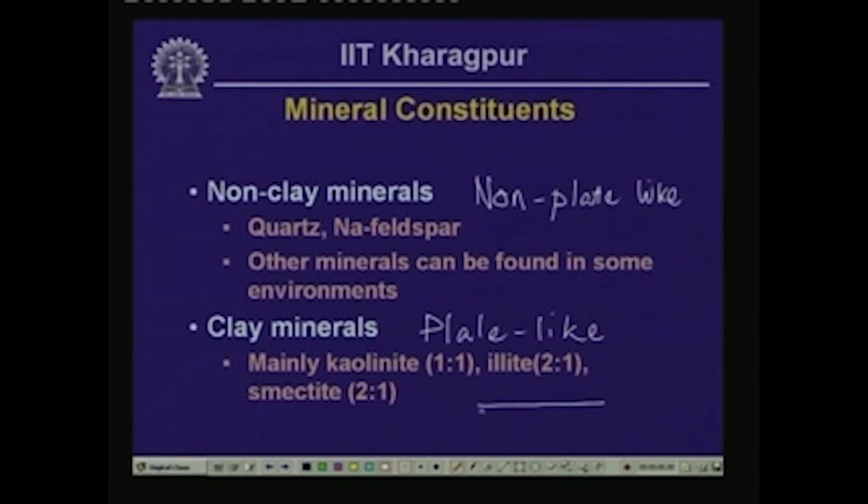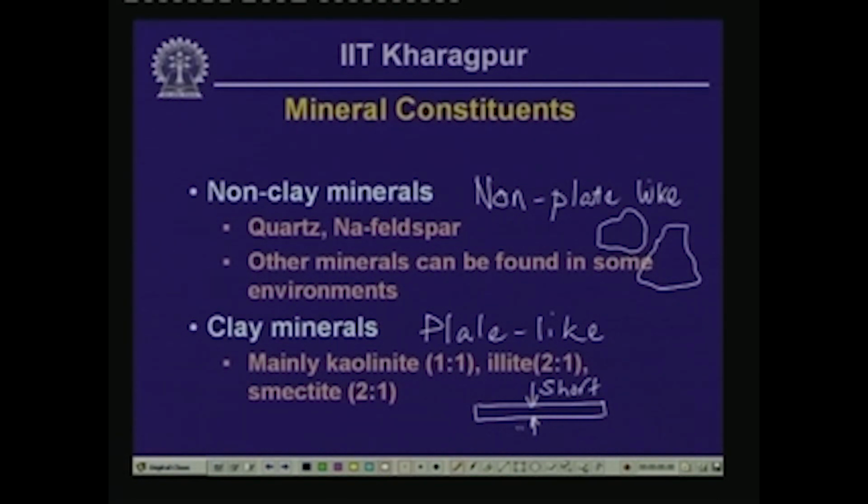So clay minerals will have grains which are likely to be much longer in one direction in comparison with the dimension perpendicular to that long direction. So this is going to be a very short dimension in comparison with the other direction, whereas non-clay minerals have other types of shapes, of very different geometry, but they are typically not going to be plate-like.